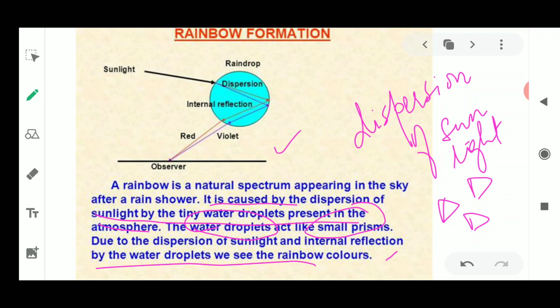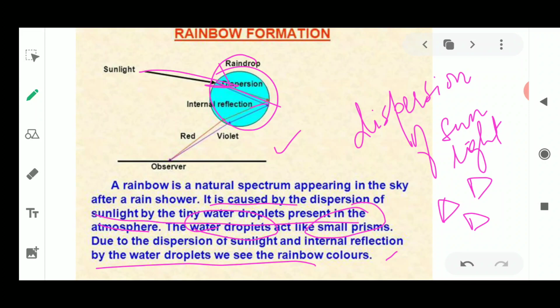These water droplets act like a small prism. Now the sunlight is going to enter inside the water droplet. Once it enters, at the point of incidence it is refracted and dispersed, and gets reflected internally.